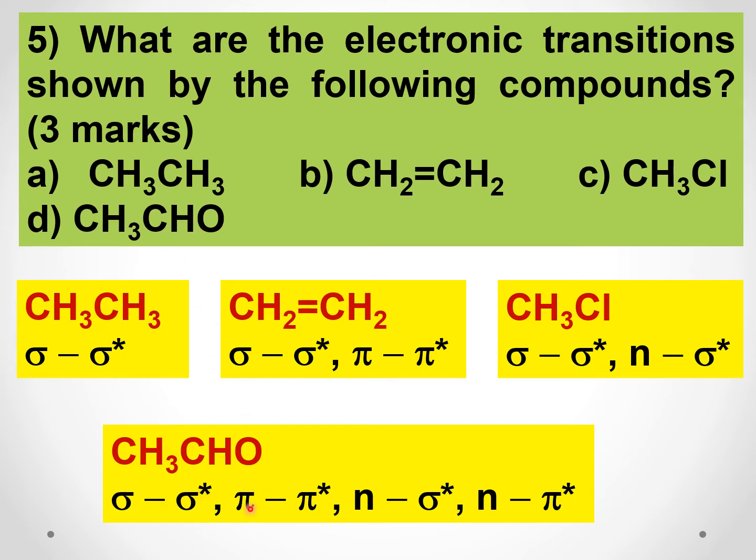A pi bond is there, so pi to pi star transition. Non-bonding electrons on the heteroatom are there, so N to sigma star, and the heteroatom is multiply bonded to carbon, so N to pi star transition. All transitions will be shown by this compound. So this is the answer to this question. These are some important questions.